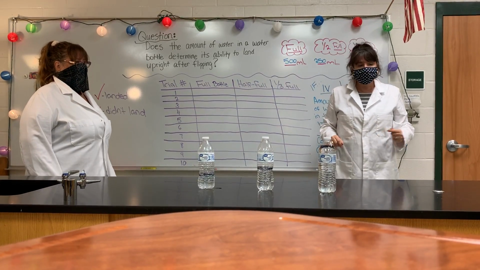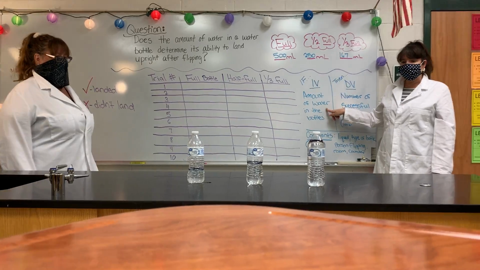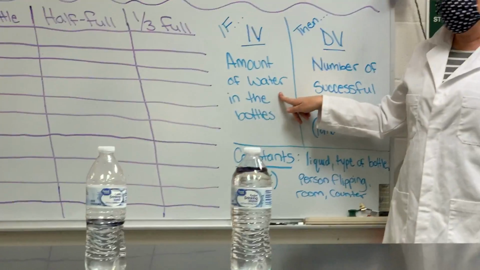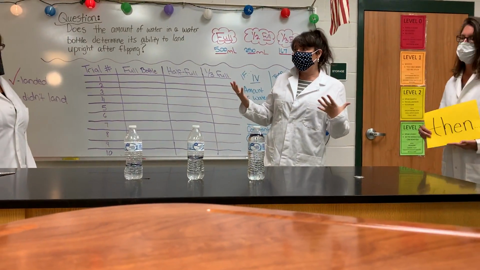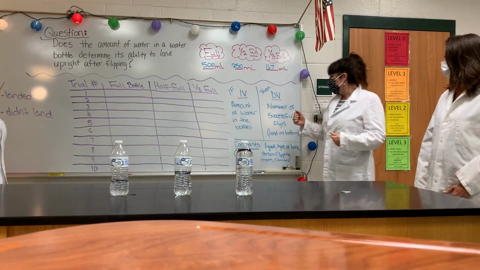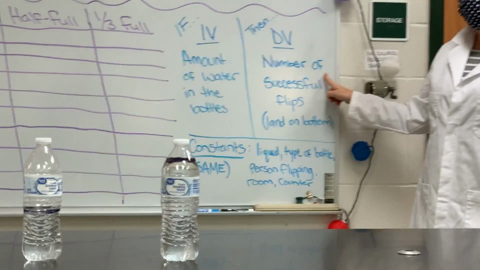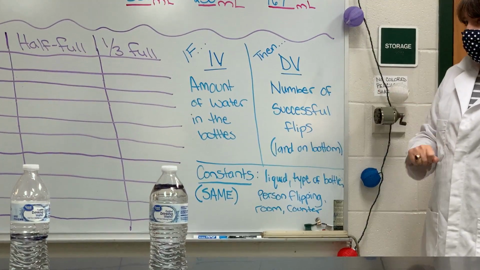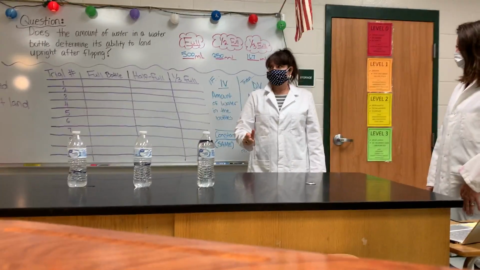The amount of water. So the amount of water in the bottle is the independent variable for this experiment. Now what we are measuring at the end of the experiment is our dependent variable, our results. And our results are going to be the number of successful flips that we have. So that means it has to land on its bottom.